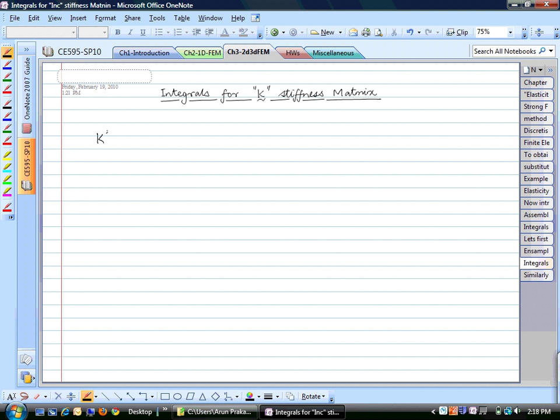So if you remember, k element was equal to the integral over the domain of B transpose D B d omega, and if you remember, the B matrix was n alpha comma 1, 0, 0, n alpha comma 2, n alpha comma 2, n alpha comma 1.